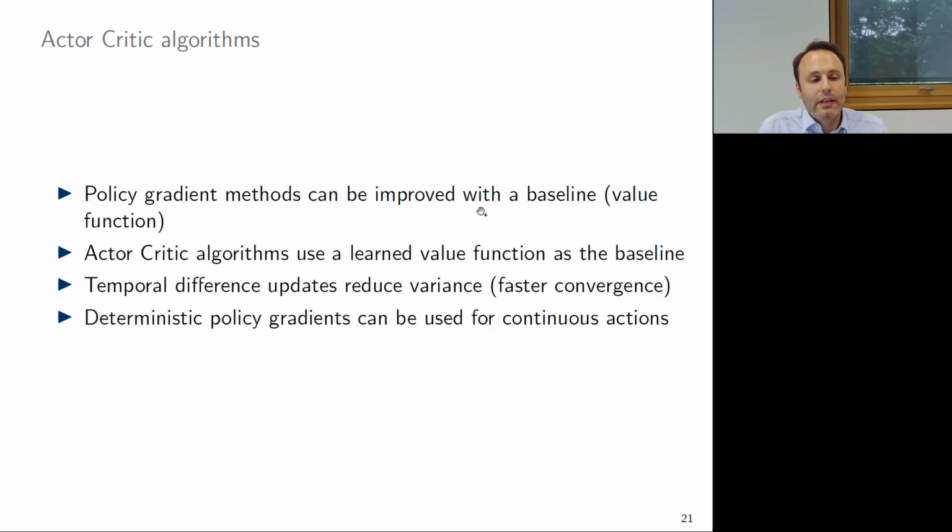The actor critic algorithms use a learned value function as the baseline, and they can be updated via temporal difference updates and also advantage updates. And the deterministic policy gradients can be used for continuous actions that are deterministic and not stochastic, which might be very natural in many applications.